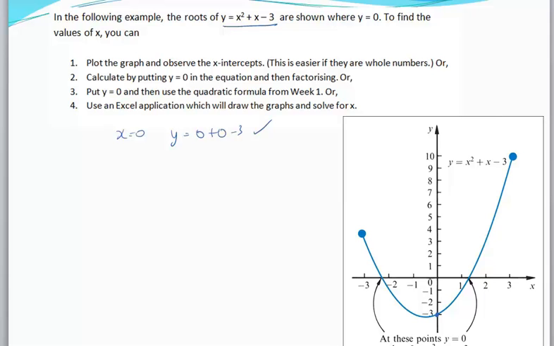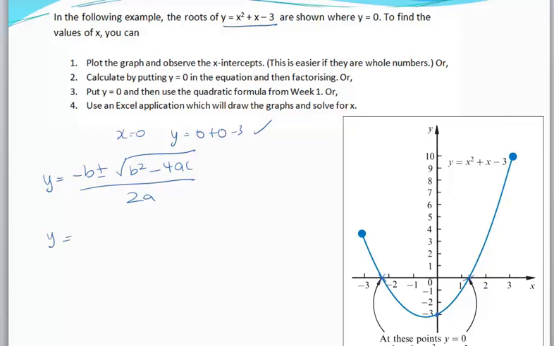And now we want to try and find our actual roots of our equation, or where we cut through. And here we can see, well, these aren't going to be nice numbers, are they? So what we need to do is use our quadratic formula. So x is equal to minus b plus or minus the square root of b squared minus 4ac, divided by 2a.